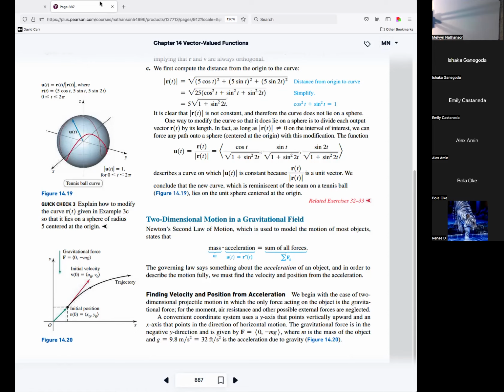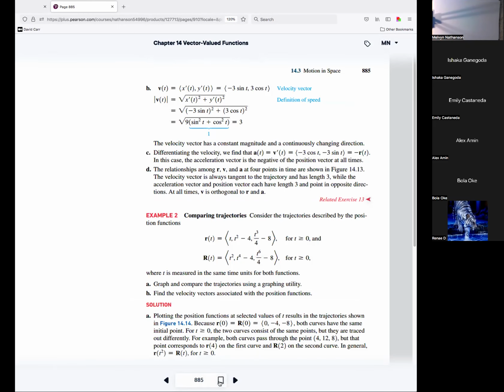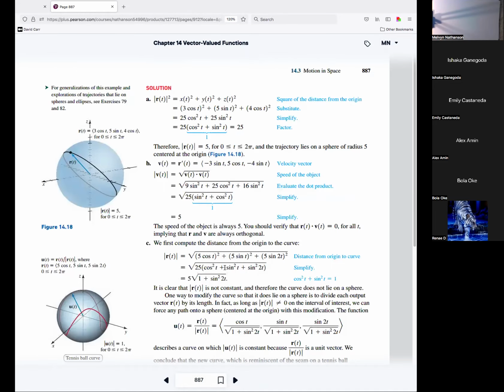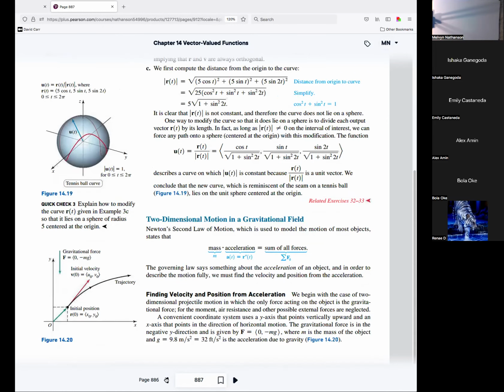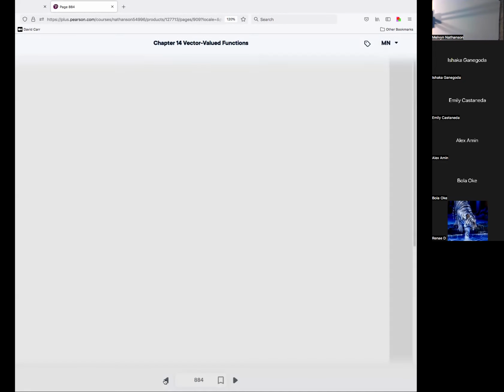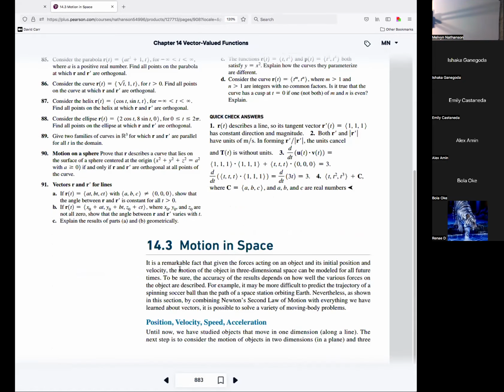What I really plan to talk about on Monday is section 14.3, motion in space, which is on the syllabus for discussion on Monday. And I think I'm going to wait until then to do it.